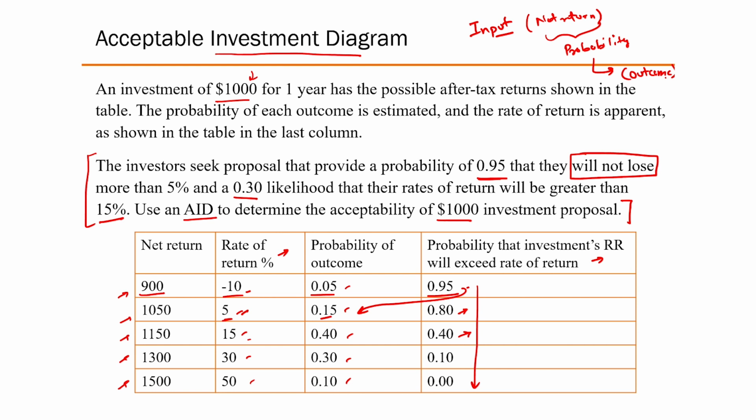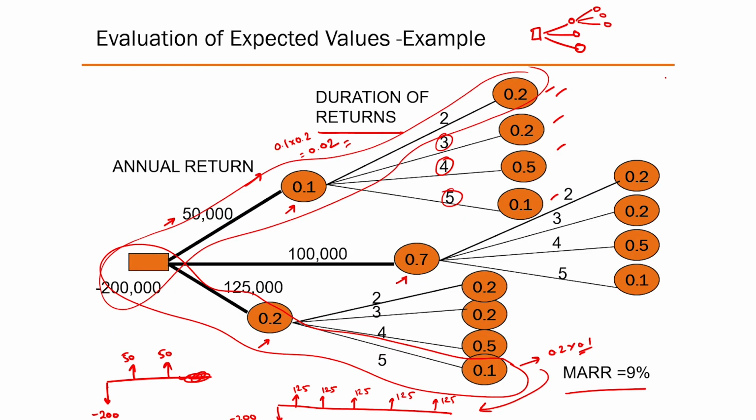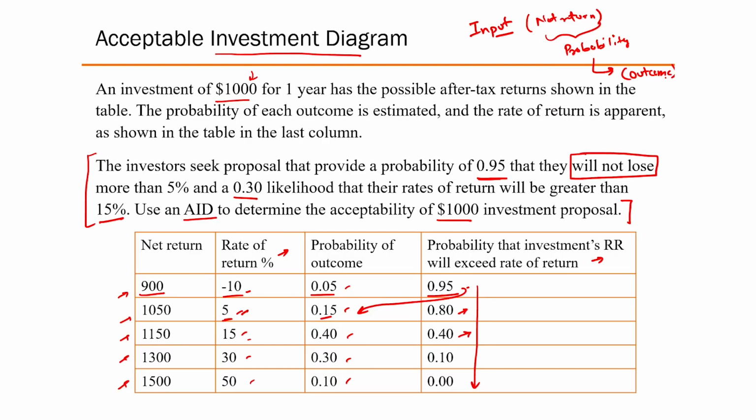And then making the decisions on that. Outcome probability distribution we have plotted on a cumulative scale, and that's what we are trying to do. In the previous case, the outcome was the present worth of this whole tree. In this particular case, the outcome is also on the return side, but you are combining the probability and plotting it on a single diagram.